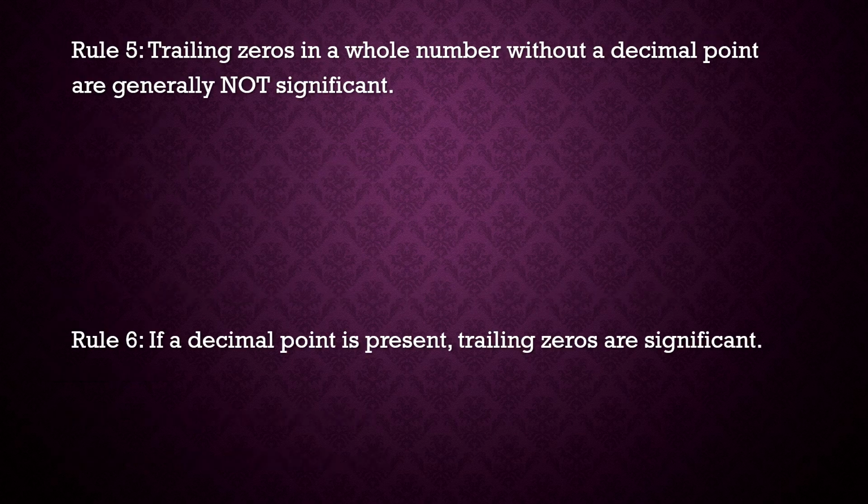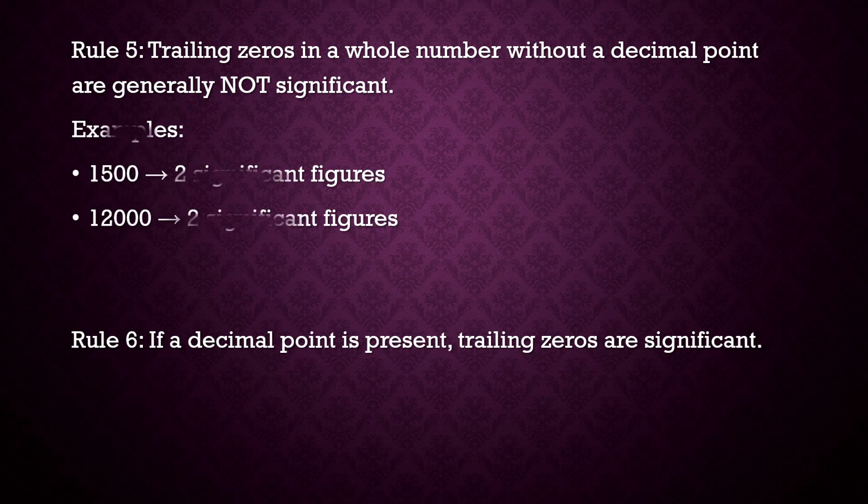Let's go to the fifth rule: trailing zeros in a whole number without a decimal point are generally not significant. What does it say? 1500: the zeros are on the right side but there is no decimal point. If it is 15.00, then it would be four significant figures.